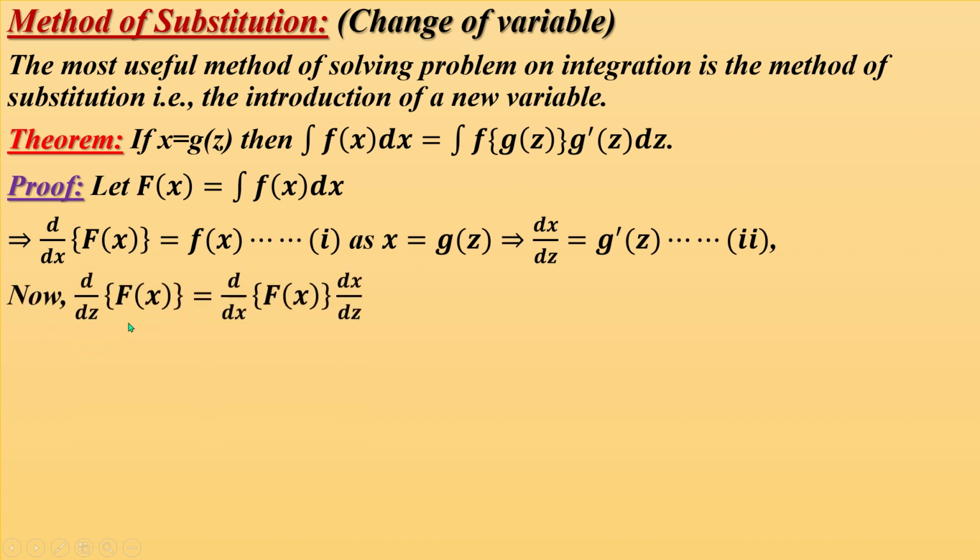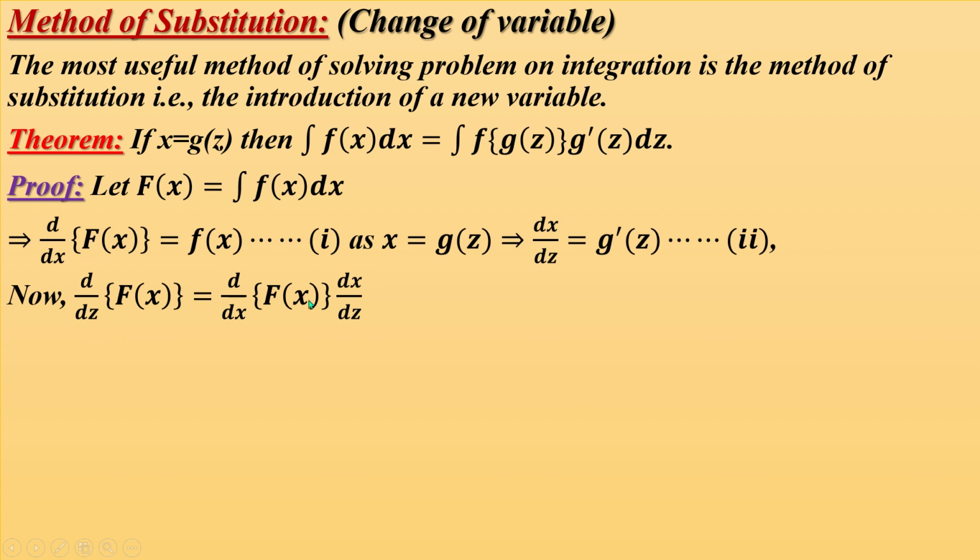Now the derivative of capital F of x with respect to z, we can write as the derivative of capital F of x with respect to x into the derivative of x with respect to z. That means this cancels and we get this part.